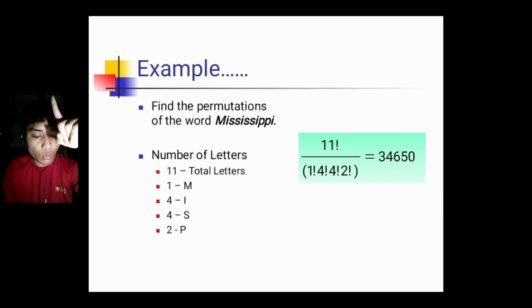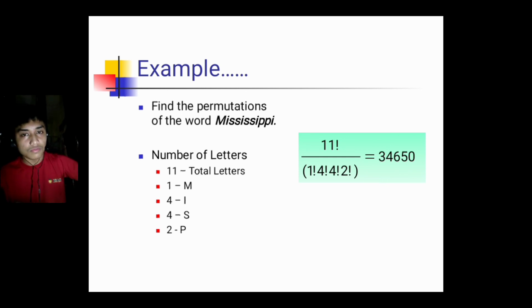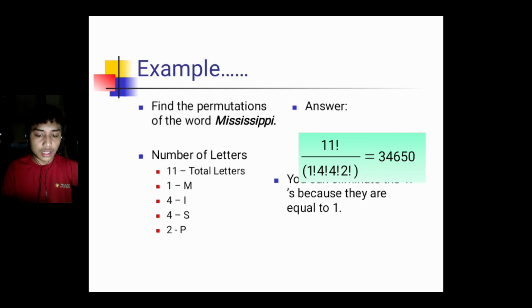The M is 1, the I is 4, the S is 4, the P is 2. Dalawa yung letter na P, 4 yung S, 4 yung I, isa yung M, at 11 letters lahat. So, 11 factorial divided by 1 factorial times 4 factorial times 4 factorial times 2 factorial is equal to 34,650. So, that is the answer.